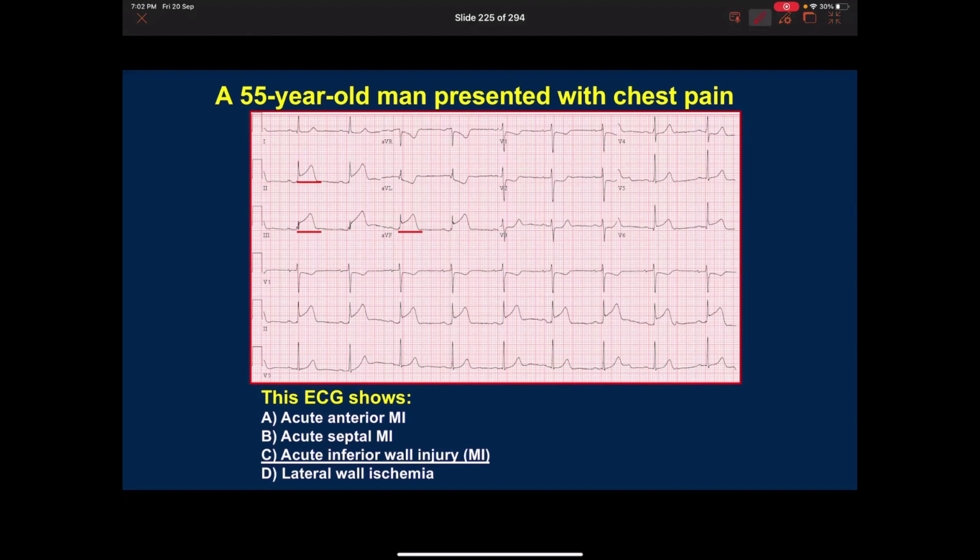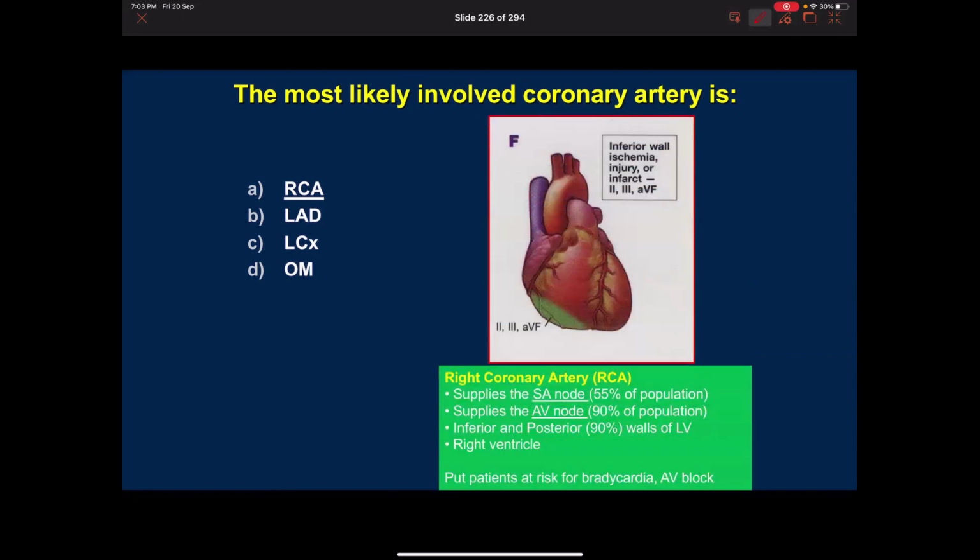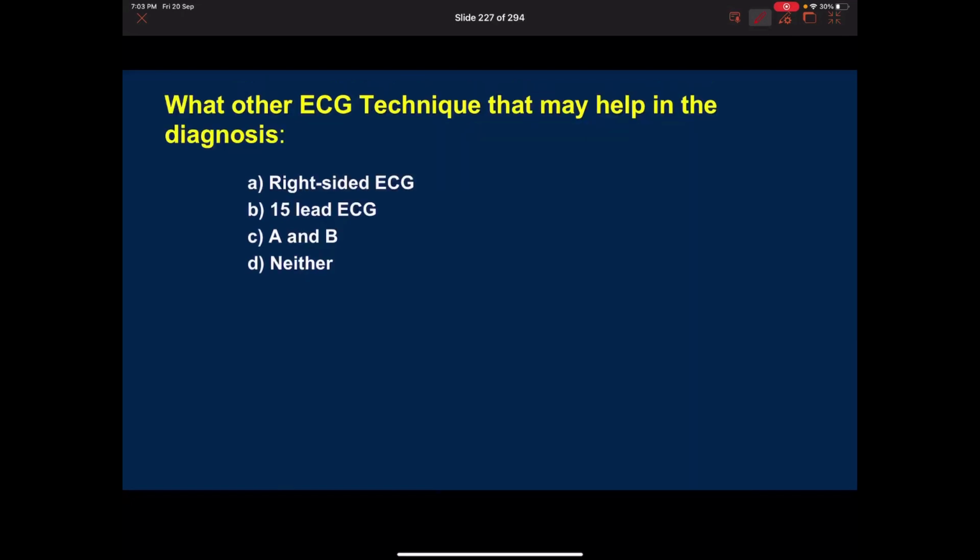They start from the middle and they go to the left. So you can't really read from the right side of the heart. When you have an inferior STEMI, there's a concern that the right side of the heart might be involved, because it's also supplied by the right coronary artery, which is the one that's involved. That's why in this case we also do a right-sided ECG, because the normal ECG is left-sided.